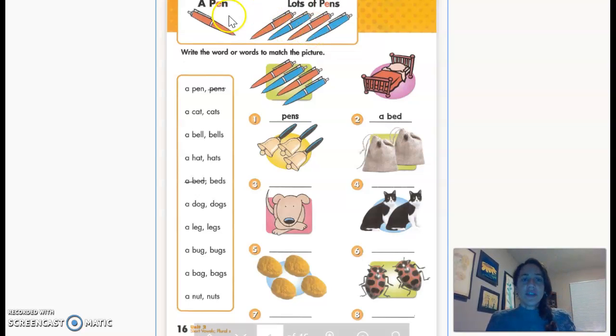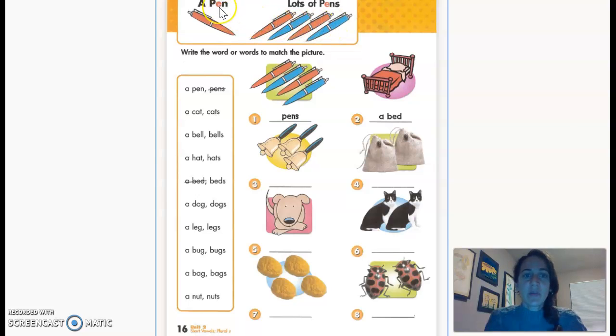So first today, we're going to be talking about how to make things plural in English. Primero vamos a hablar de cómo poner cosas plural en inglés. So here you can see I have a pen, just one. And here I have lots of pens. How many? 1, 2, 3, 4.